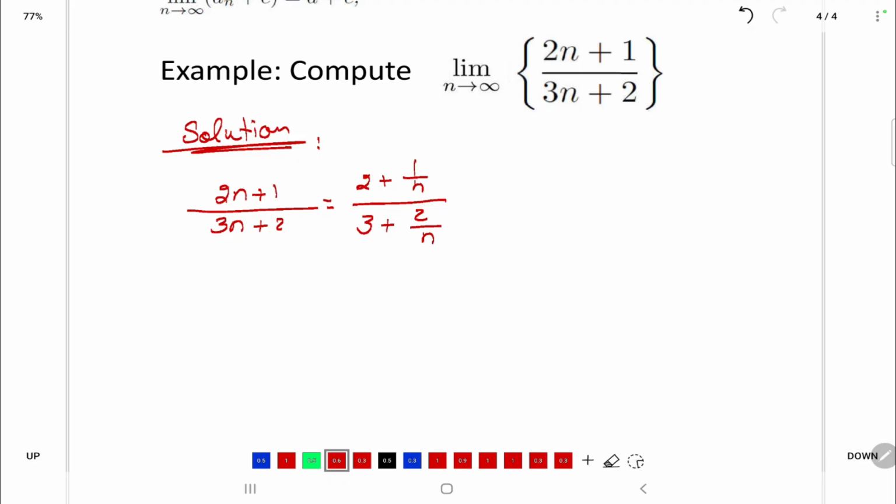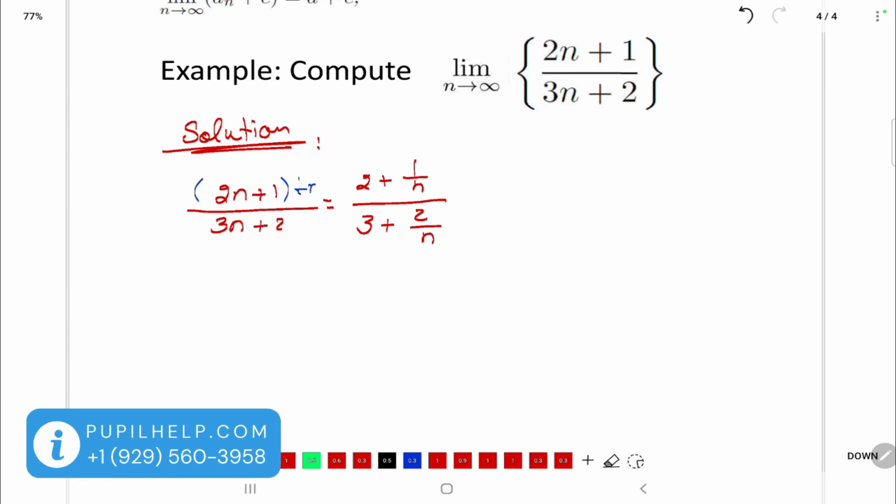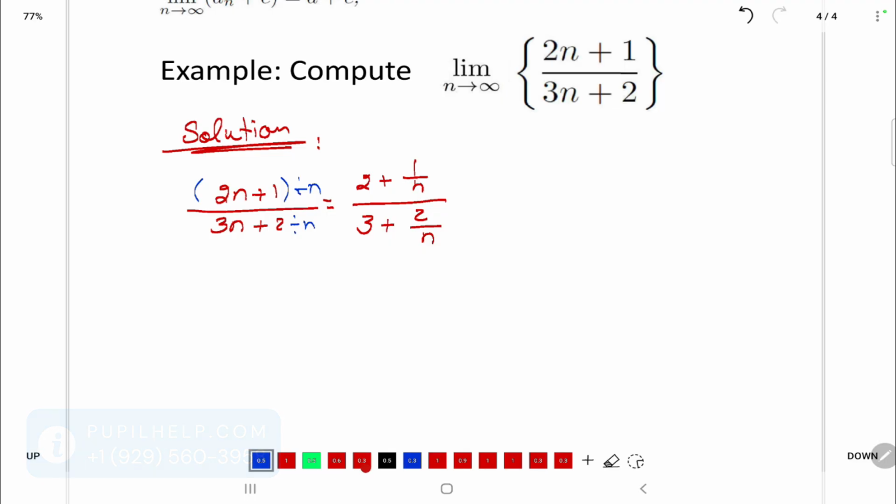So you see, it can be written like this. Okay? I obtain this one from dividing this one by n and this one by n. So here you see, if I divide 2n plus 1 by n, then it will be 2n over n plus 1 over n.